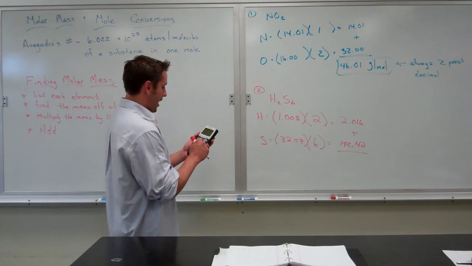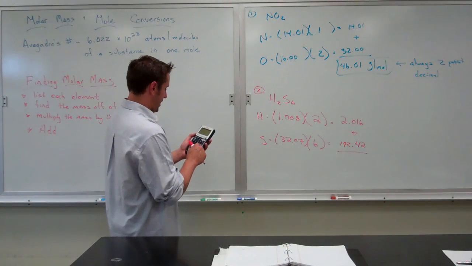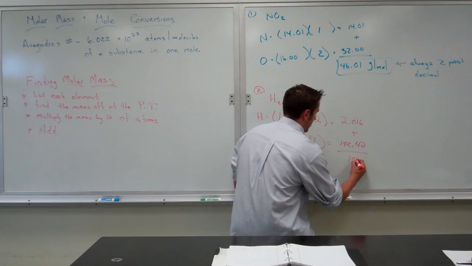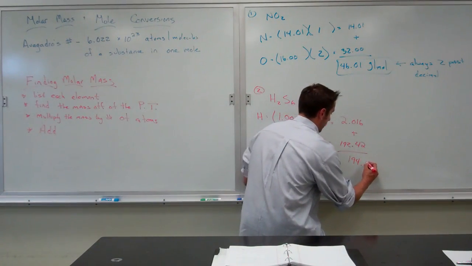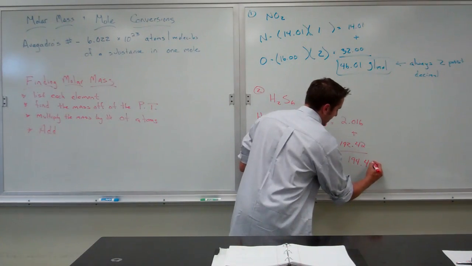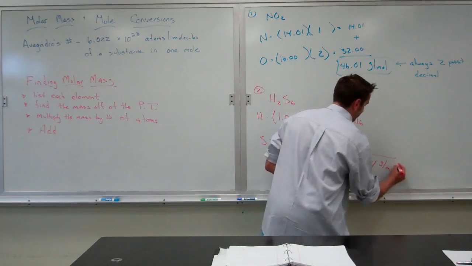So we take our 192.42 plus 2.016, and listing that 2 places past means we would say 194.4, and then 2 places past, 194.44 grams per mole.